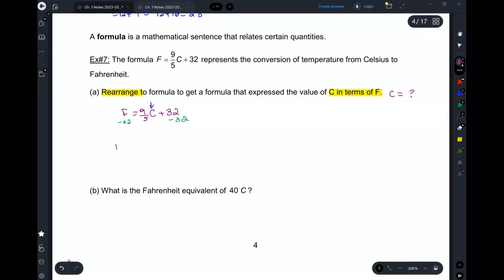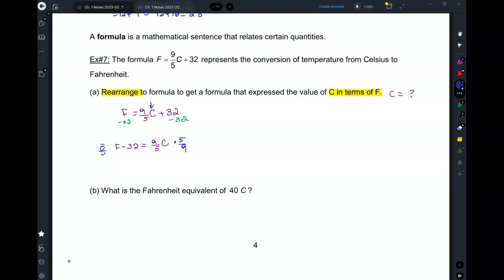So now I got F minus 32 is 9 over 5C. How do I get C alone? Multiply by the reciprocal, 5 over 9. Okay? So then C is 5 over 9 in parentheses F minus 32.